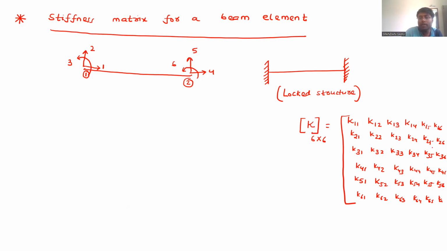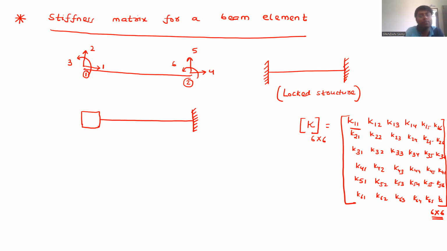So this is our entire stiffness matrix. So if you want to find K11, then how do you have to modify your locked structure? Tell me. K11 means what?